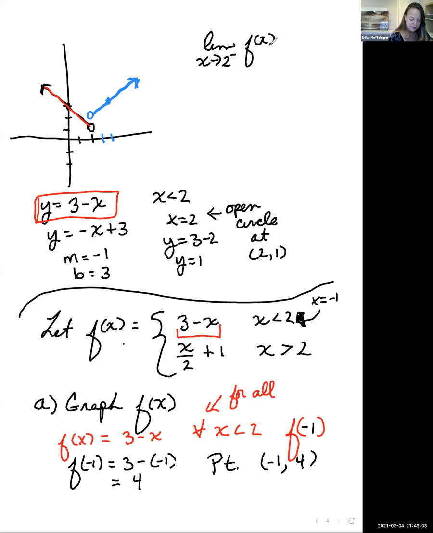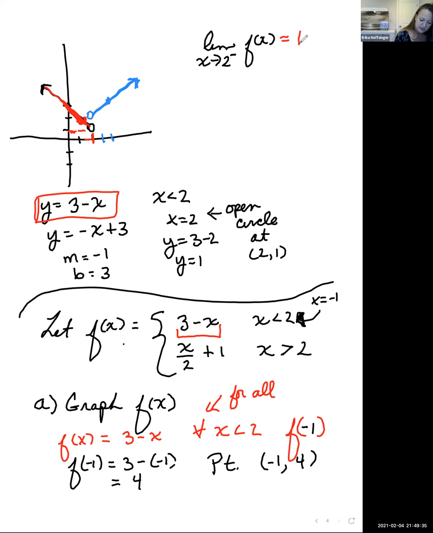So in this case, if I look at the graph, 2 on the left would be this piece that I had put in red. And so I want to see what's happening to my y value as x is getting closer and closer to 2. Well, as x is getting closer and closer to 2, on the left of the graph, the y value we're getting closer and closer to, but not including, is 1.